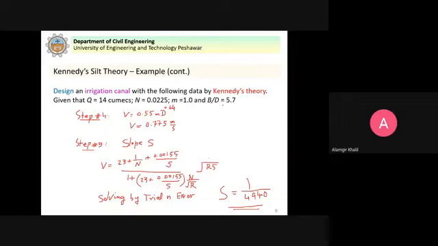So you can see here that by considering the B by D ratio, we have a unique solution as per Kennedy's theory.